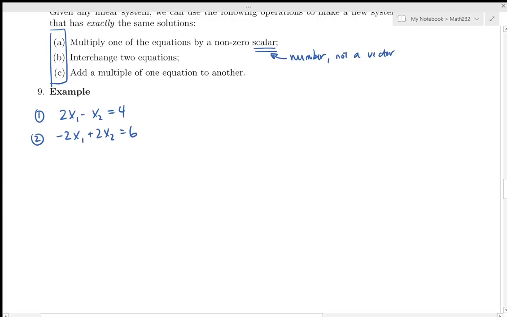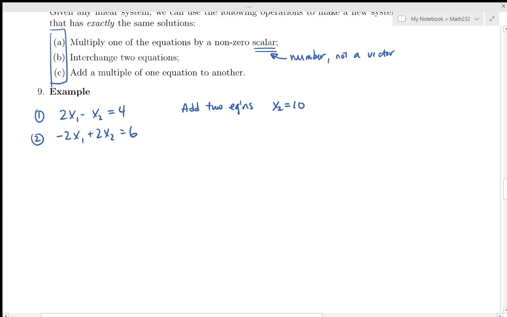First of all, we know how to do this. Let's just solve this so we know what the answer is. I'm going to add the 2 equations together. This is something you learned how to do in high school. I'm going to end up with x2 equals 10.